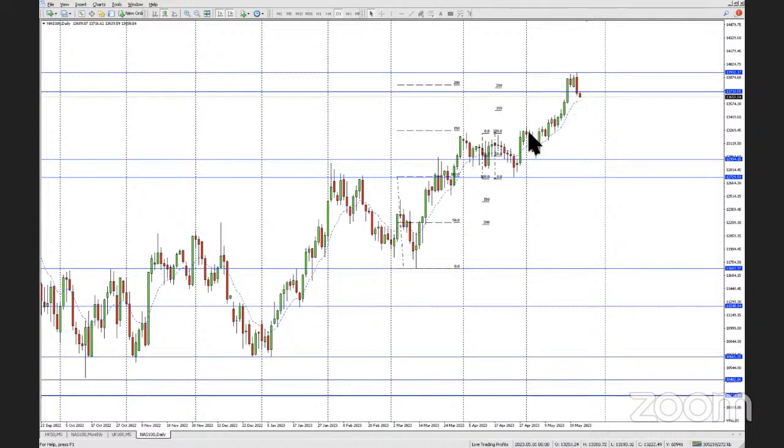If these bears had carried on selling, the objective would have been to get down here. So you can see the reason we put these measured moves is if you take any trade and you're hoping to get there, so you buy here and you get a deep pullback, what do you do? You can exit if you want, or you can hold on to your whole thesis and say, looking at what the market is showing me, there's still a measured move for me to go to. So I'm going to sit through all of this pullback until I get there.